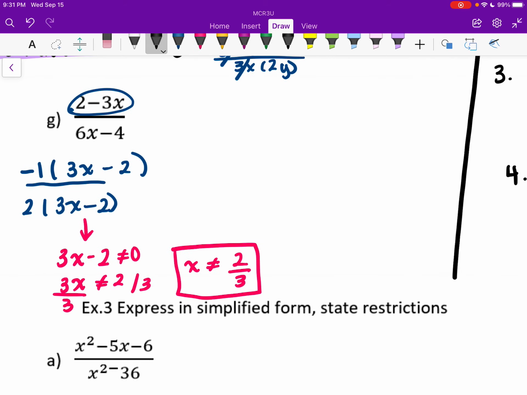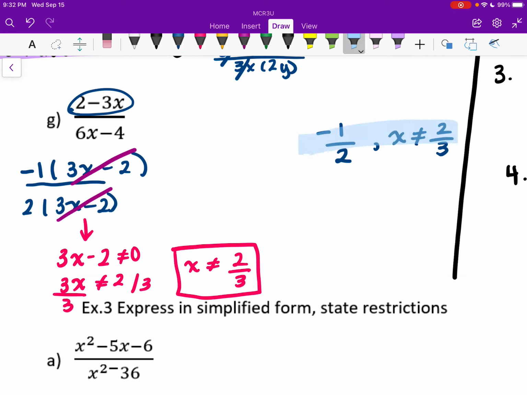Okay, then I'm going to say, now I want to go ahead and just cancel everything out. I'm not going to rewrite it, I'm just going to show you how I do it here. So in this situation, I can actually cancel out these two brackets. So I'm left with a final statement of, the simplified version of this is 1 over 2, x cannot equal 2 over 3.